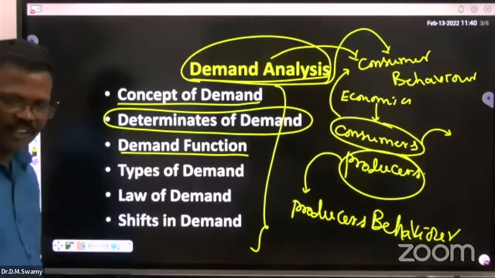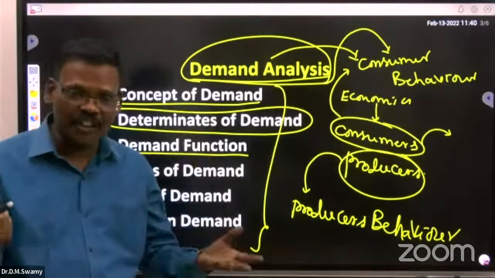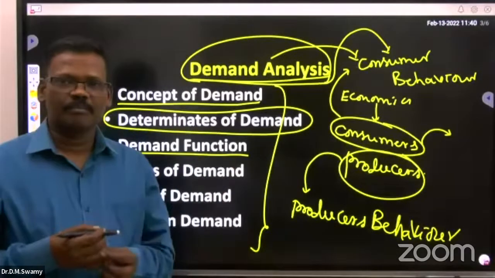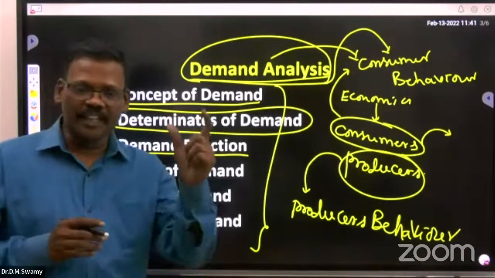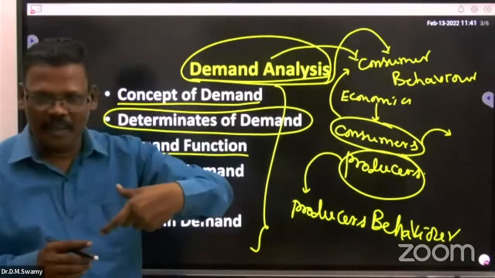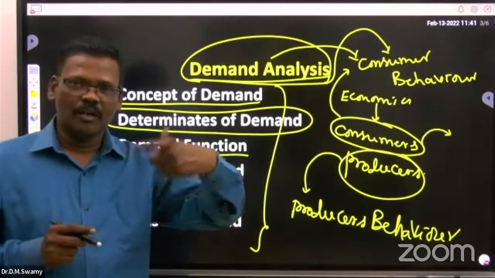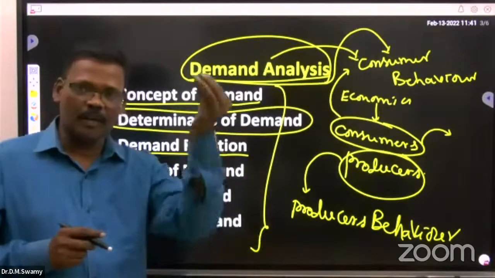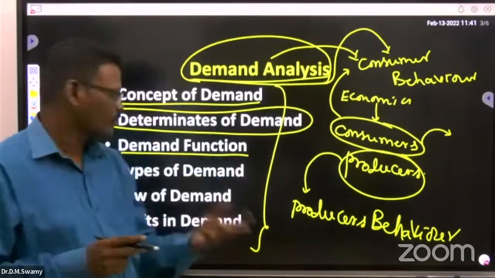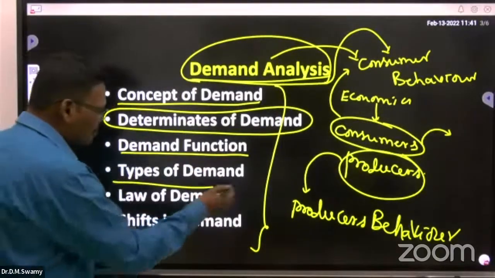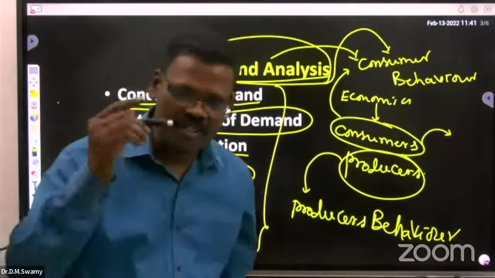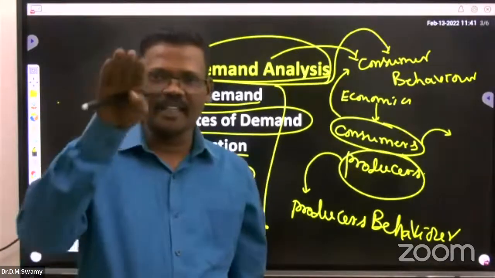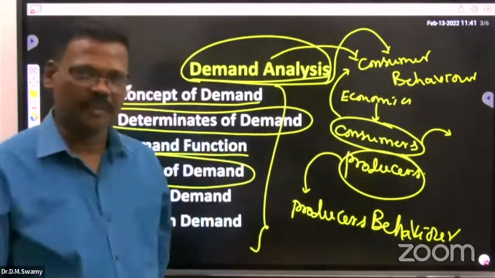What is the demand function? What is a demand schedule? What is the demand curve? What is the individual demand curve? What is the market demand curve? What are the individual schedule and market schedule? And types of demand, like price demand, income demand, and cross demand.